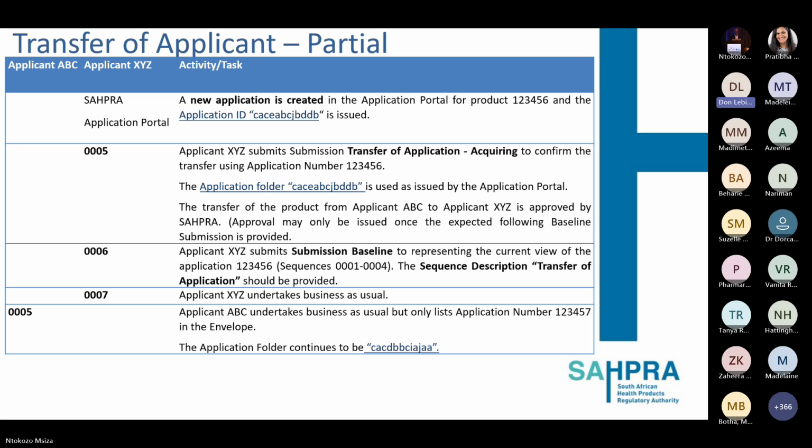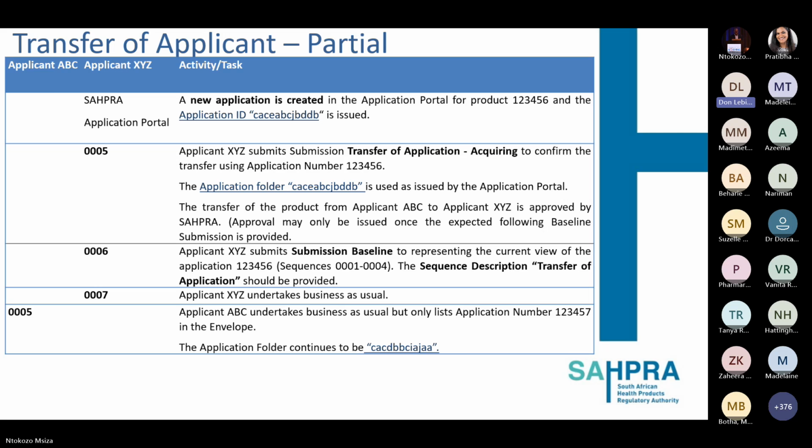They would proceed with business as usual in their initial application ID folder, and they would proceed with 0005 and not submit a baseline. So it would be business as usual for them at 0005, whereas for the new applicant, their business as usual starts at sequence 0007.